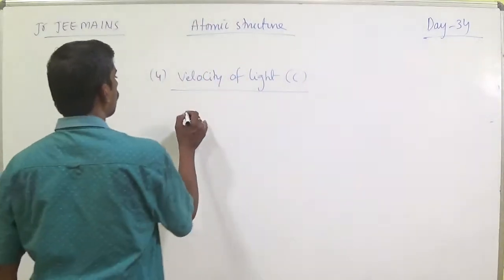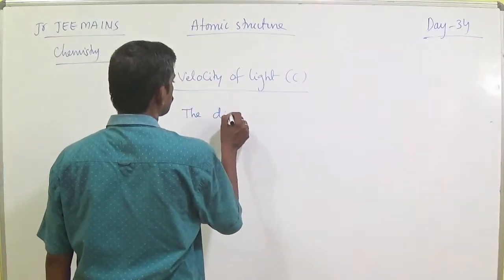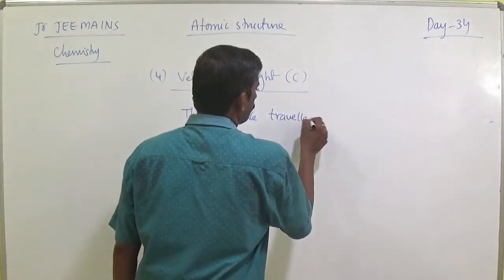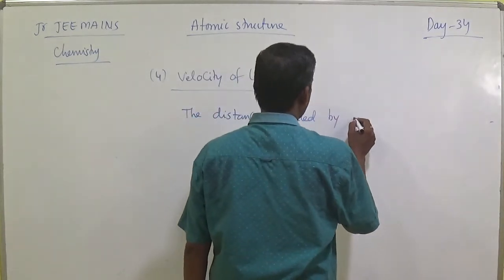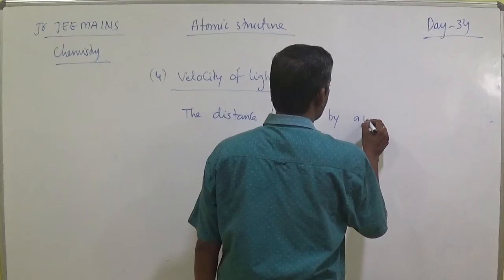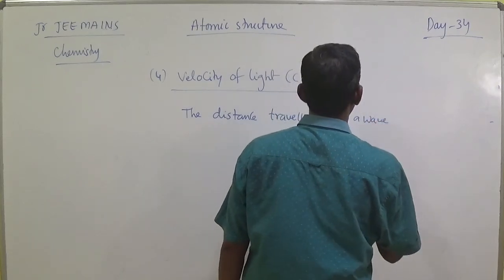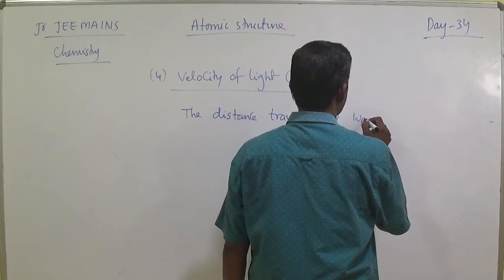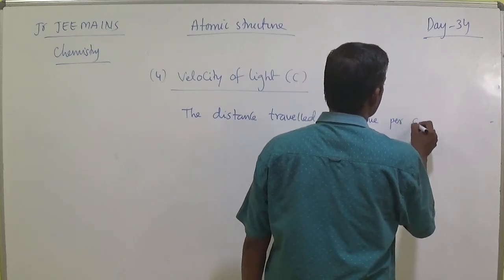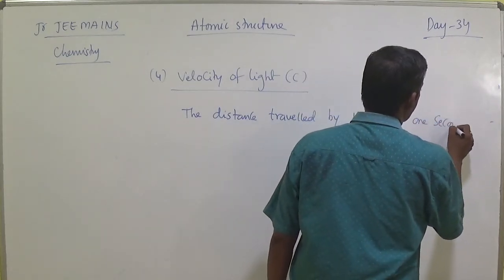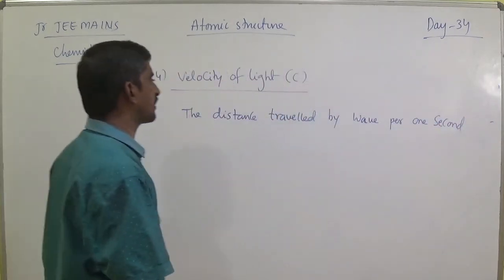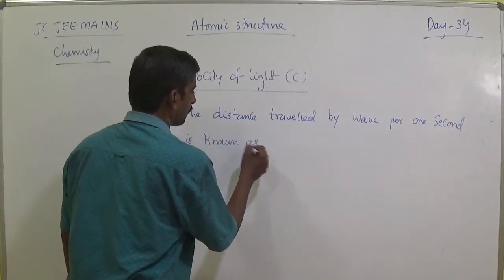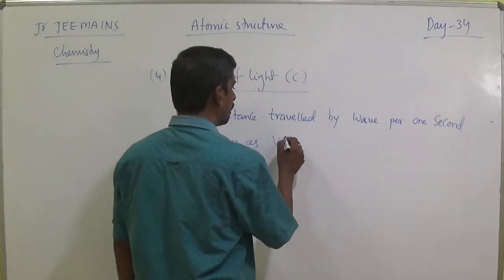So the distance travelled by a wave per 1 second is known as velocity of light.